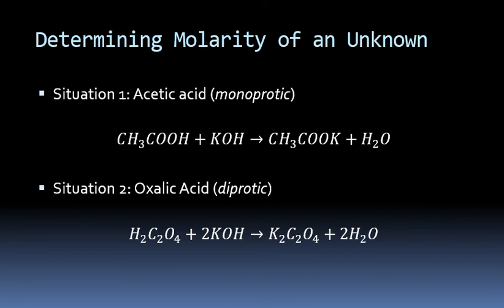For oxalic acid, to completely neutralize oxalic acid, you would need to strip away both of its acidic hydrogens. So that means that it would be a 1-to-2 mole ratio of acid to base. We'll work on that one later though.